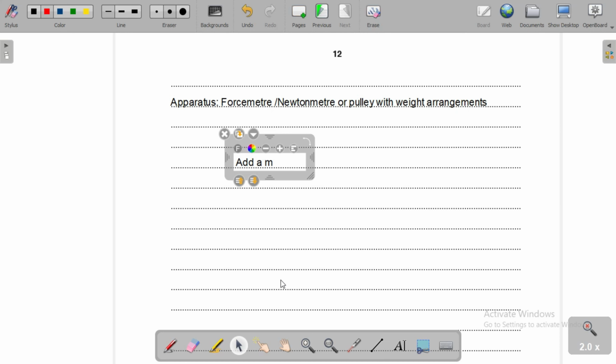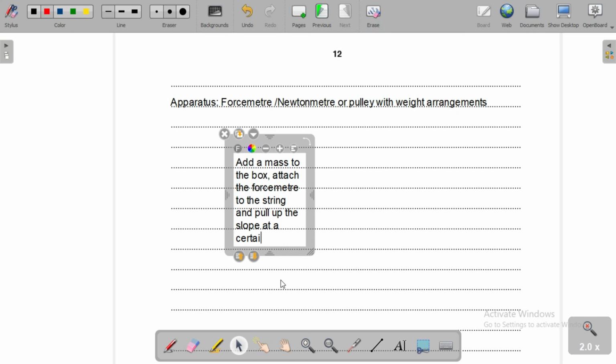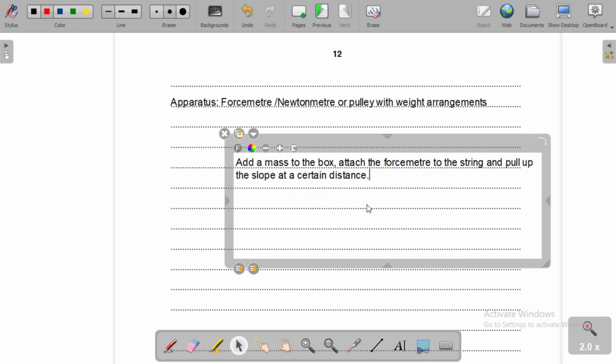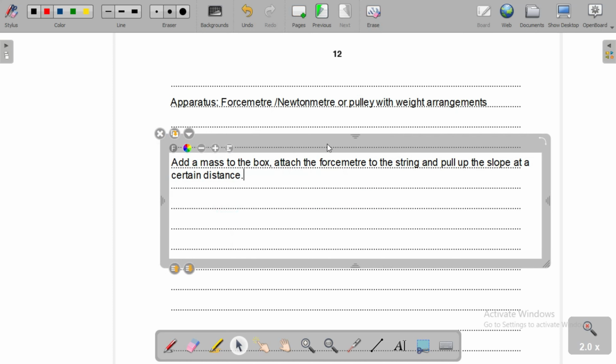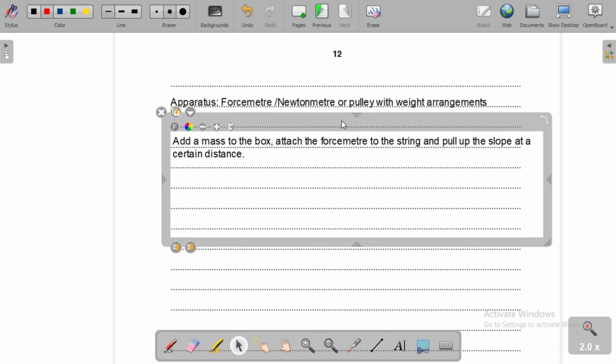Add a mass to the box, attach the force meter to the string and pull up the slope at a certain distance.